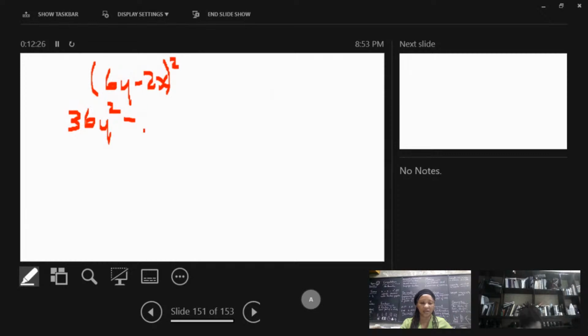Oh, right. 2 times 6 is 12, times 2, negative 24xy. And then positive 4x squared.